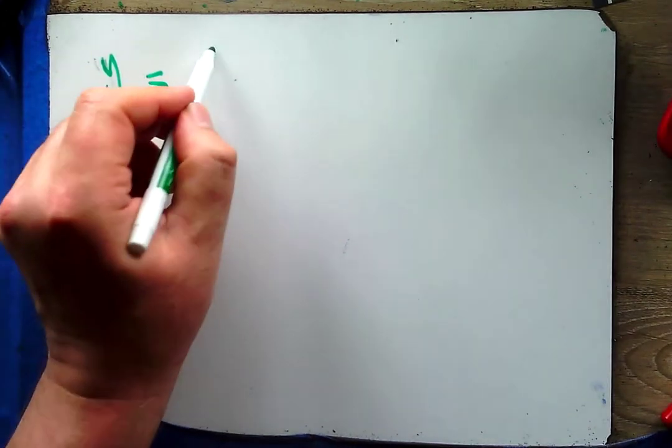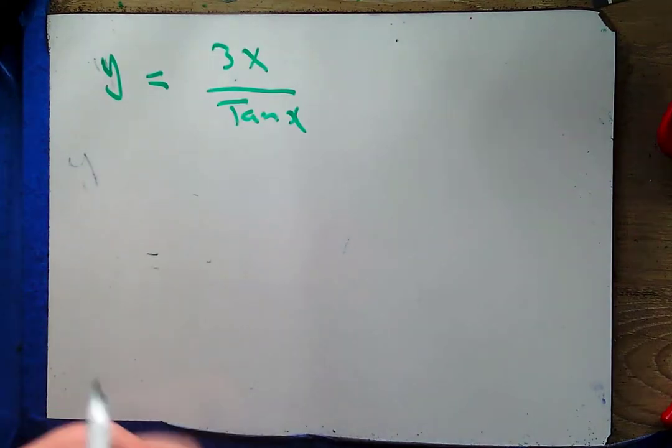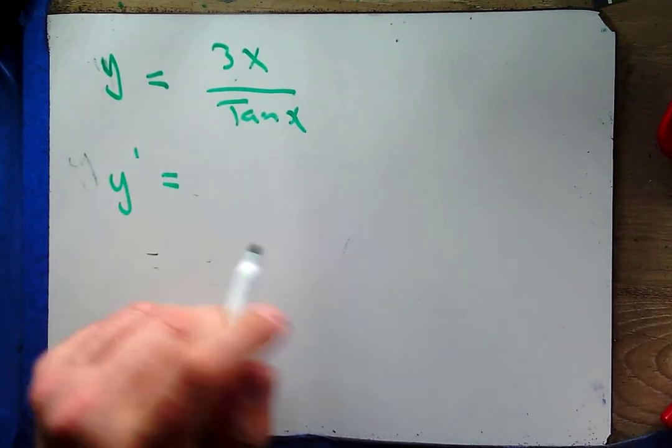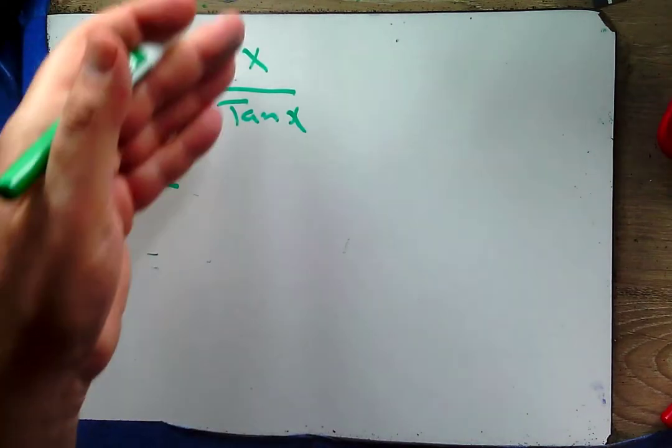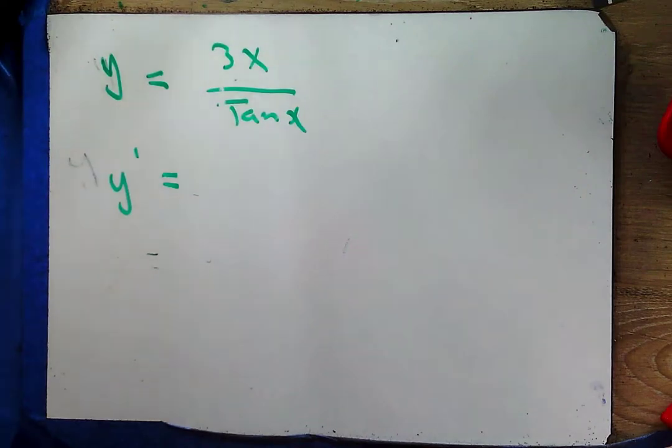Alright, how about y equals 3x over tan x. So when we take the derivative, what do you see? That's right, I see a quotient. So this is the quotient rule. Pause the video and give that one a try.